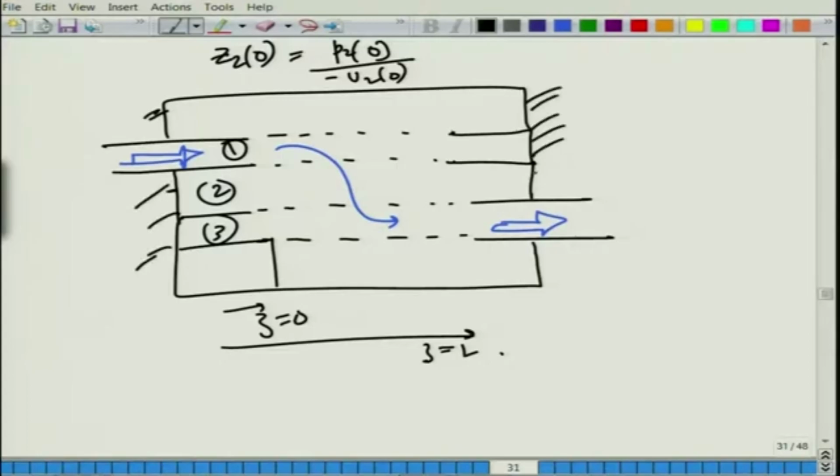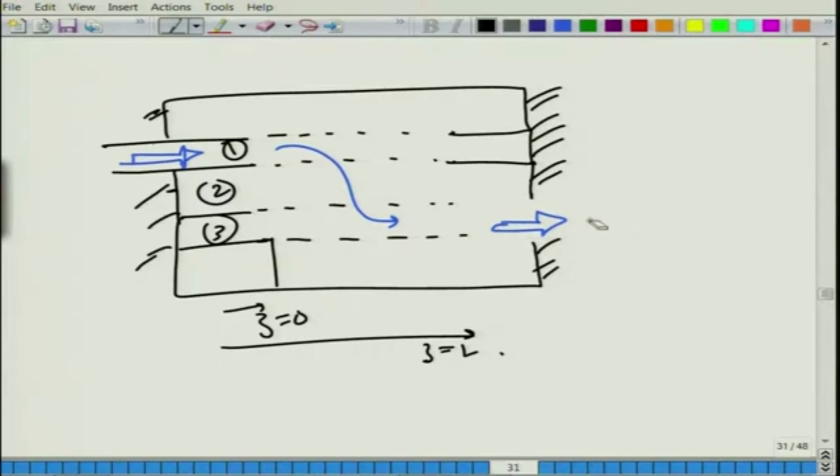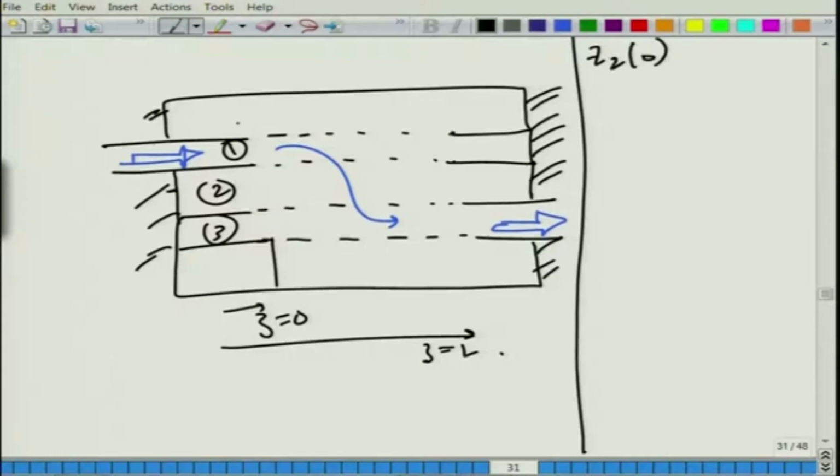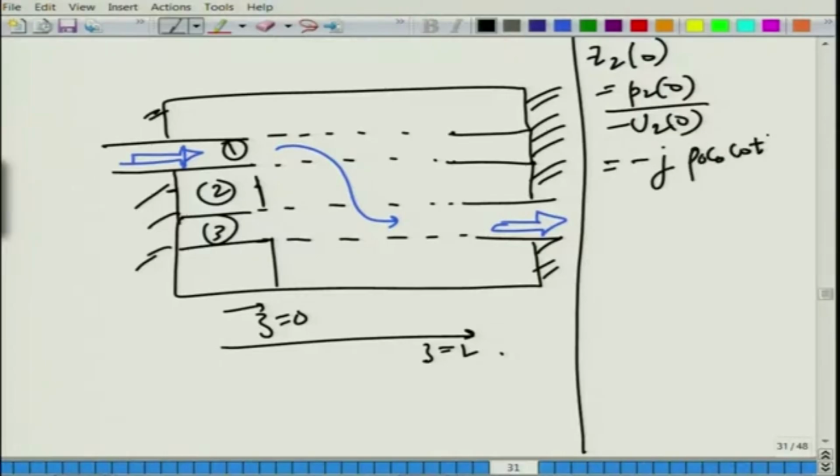They need not always be rigid, but like I have mentioned before, let me write it down on a different page, or at least reduce the length of this and utilize this space properly. So z2 at 0, at this interface, is p2 0 by minus u2 0, which is minus j times rho naught c naught into cot k naught L A.